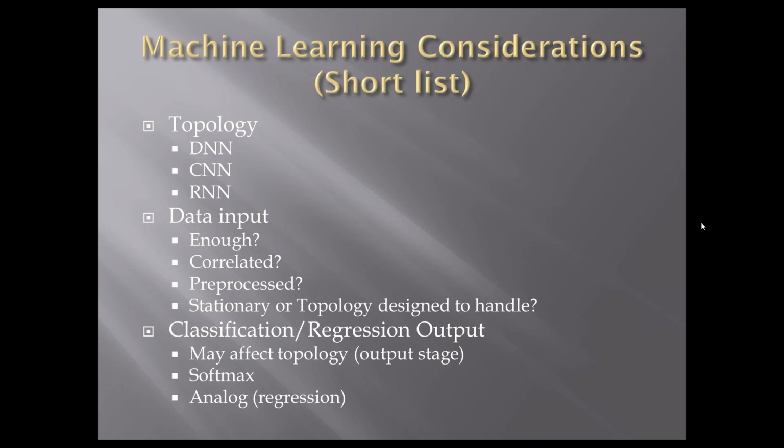Is it stationary, or is the topology designed to handle this? Classification and regression output may affect your topology. So there's also another function like softmax that you might want to use for classification. And certainly your typical analog regression output is a consideration here as well.